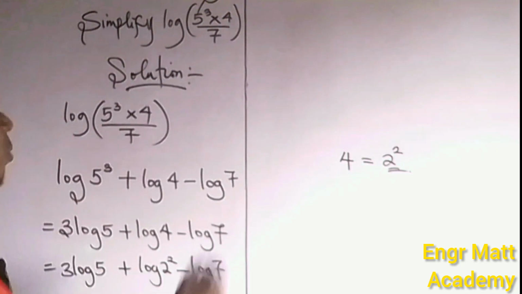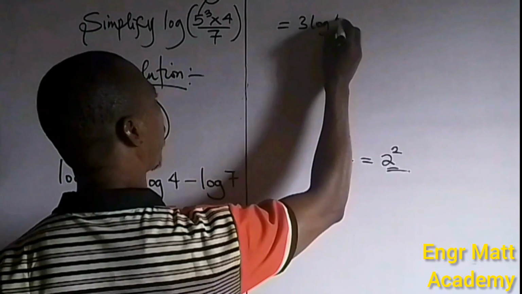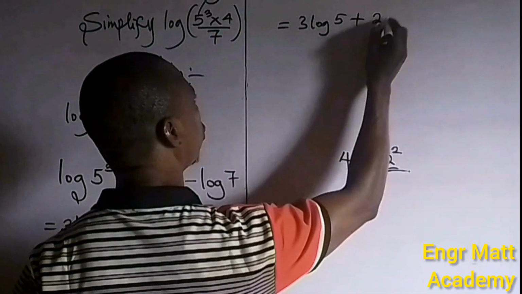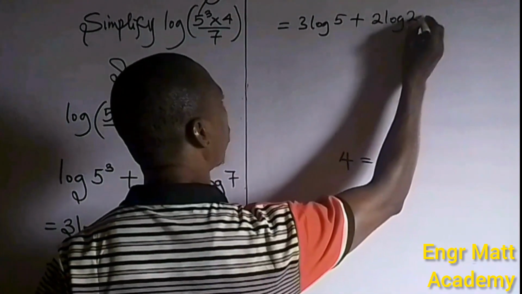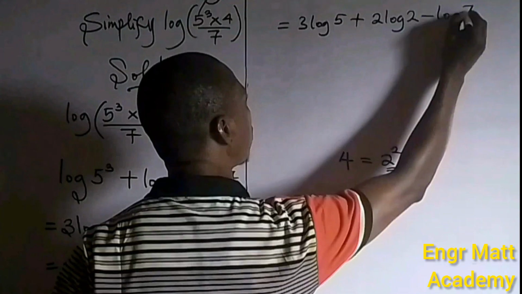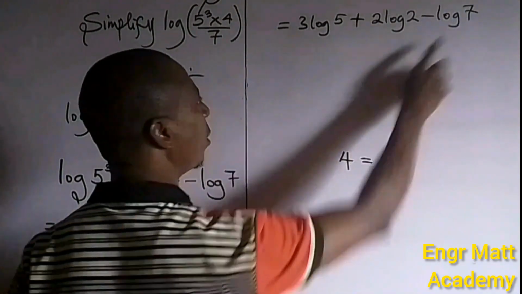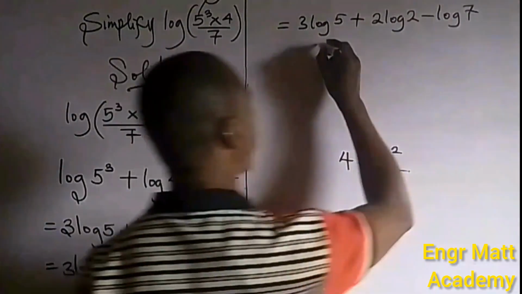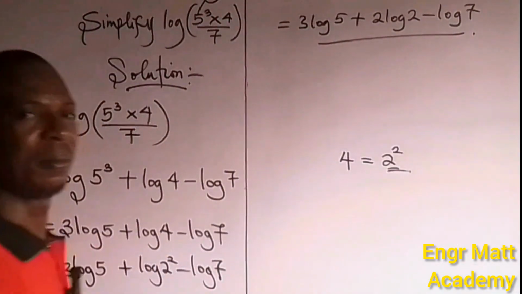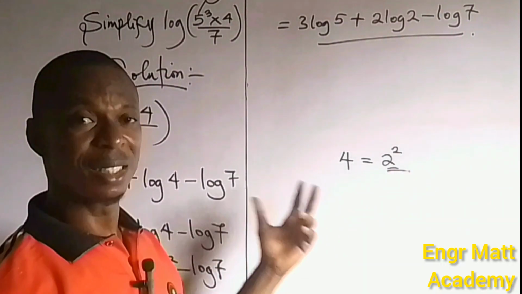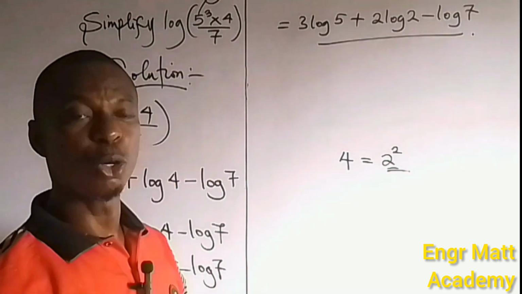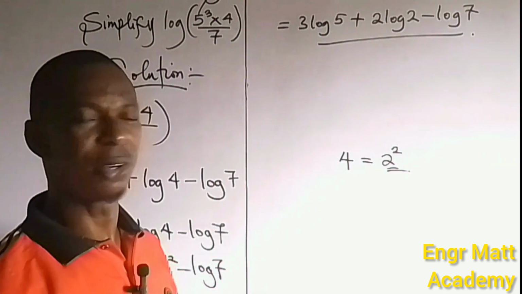This becomes 3 log 5 plus 2 log 2 minus log 7. Is there any way we can simplify this? No. So this becomes our answer. Simple. Once you understand these laws, 80% of all logarithm questions are already solved.